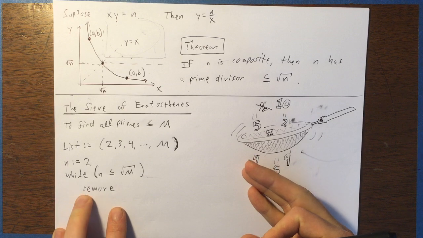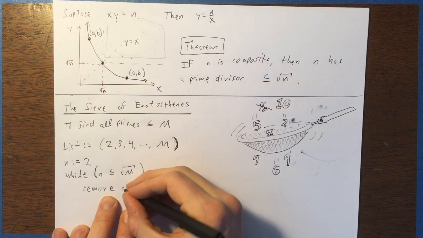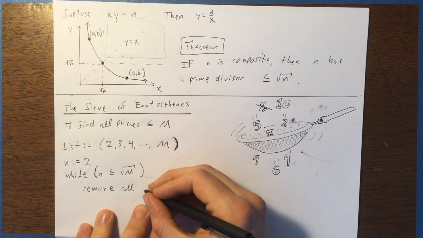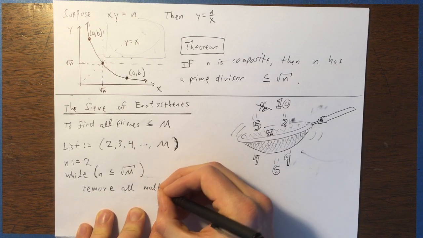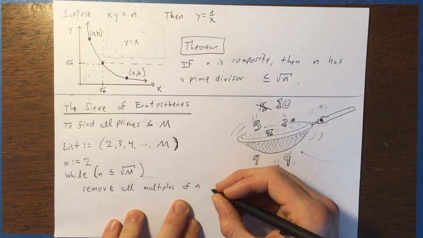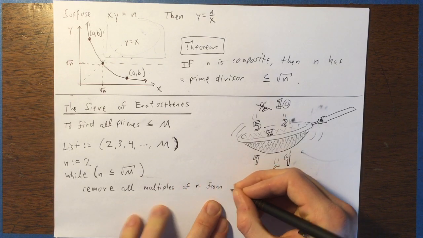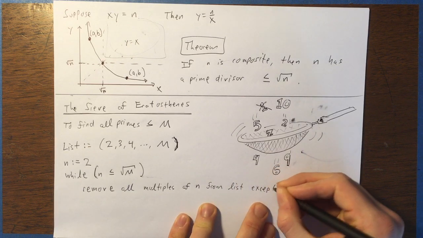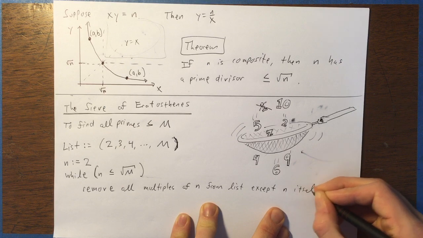The thing we want to do is essentially remove from our list all multiples of n from the list except n itself.